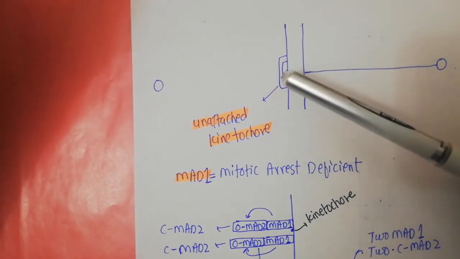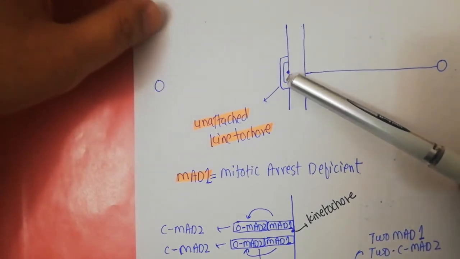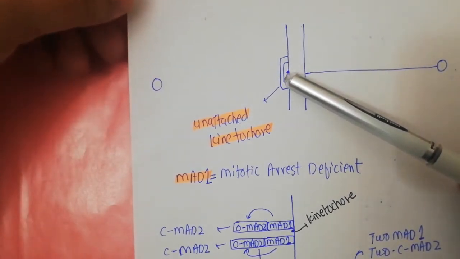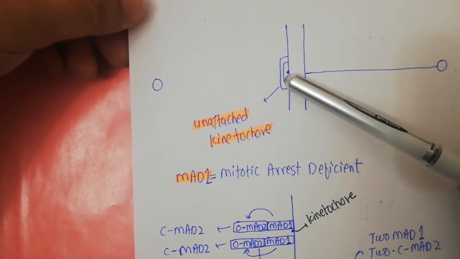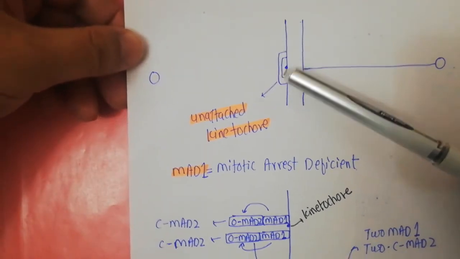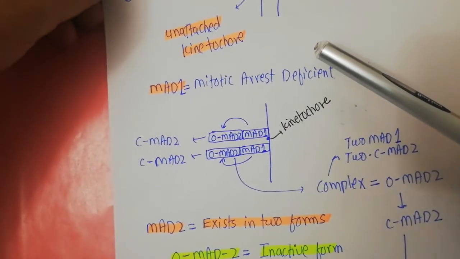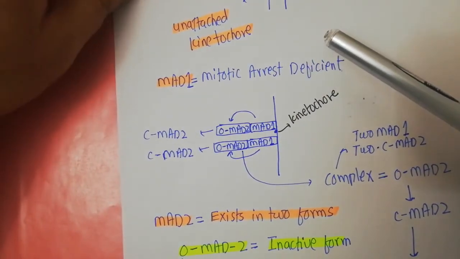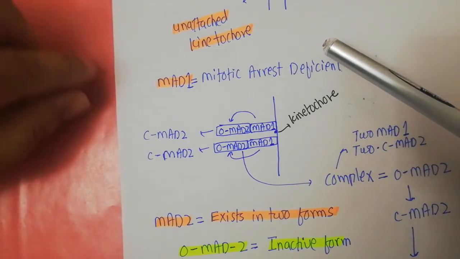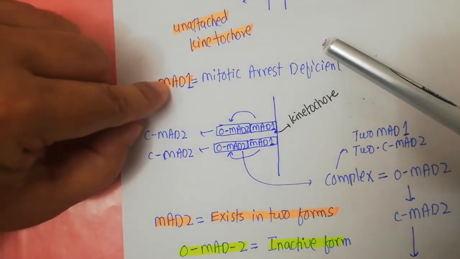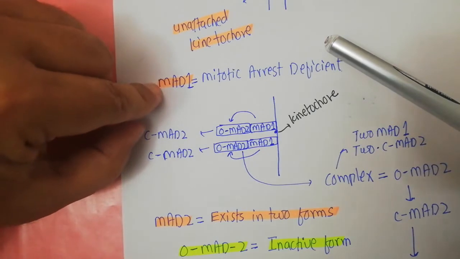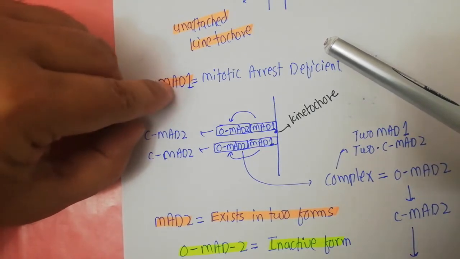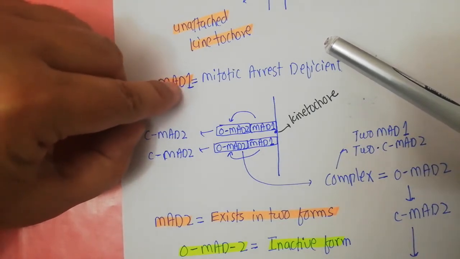So when there is no kinetochore microtubule attached to this particular kinetochore, that is actually providing a binding site for the proteins that are present in the spindle assembly checkpoint. One of the important proteins present in the spindle assembly checkpoint that interacts with this unattached kinetochore is the MAD1 protein. Now this M is for mitotic, this A is for arrest, and this D is for deficient.